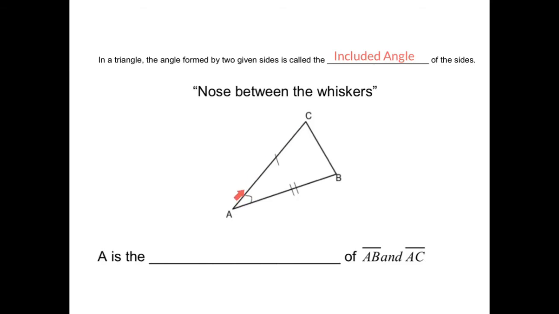So here's the nose, and then here are the whiskers. Those tick marks creating whiskers are showing congruency. So the nose between the whiskers. So in this example, angle A is the included angle of AB and AC. And notice that they do match letters there in that statement.